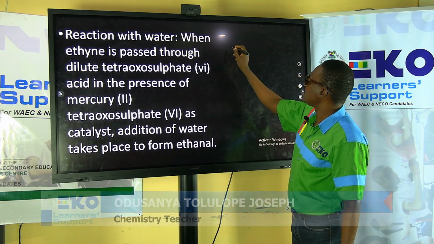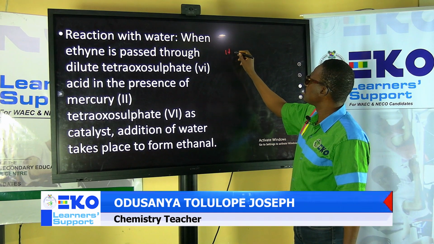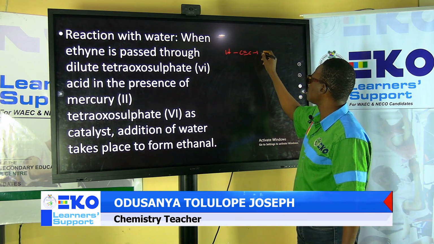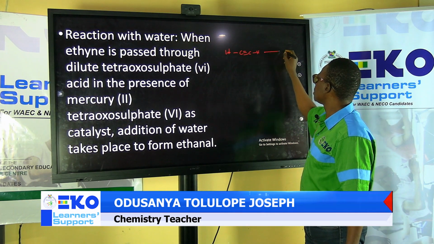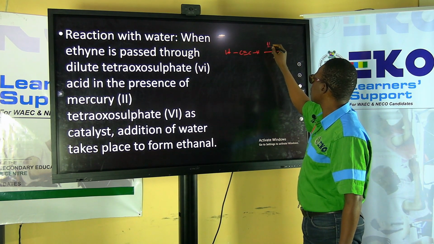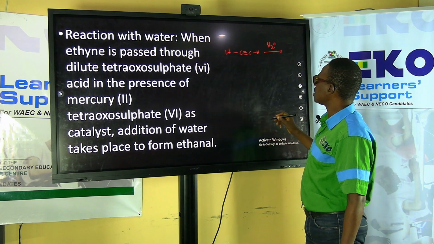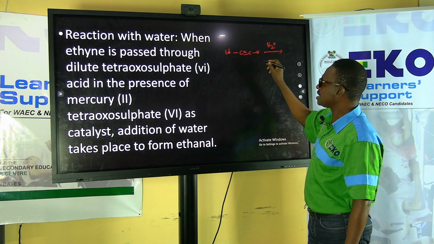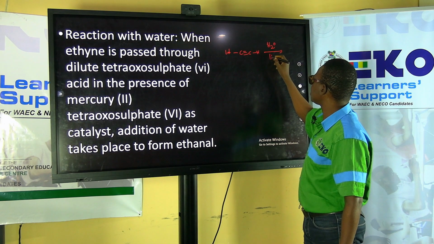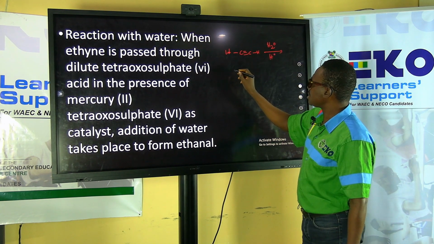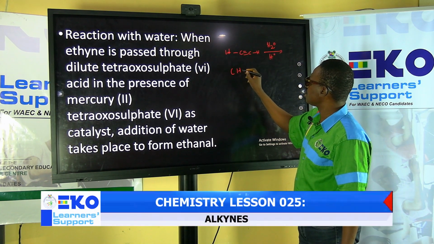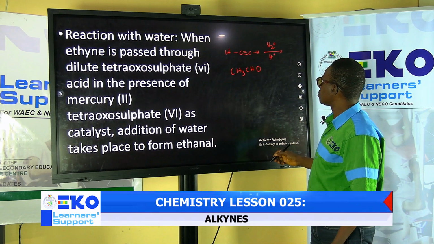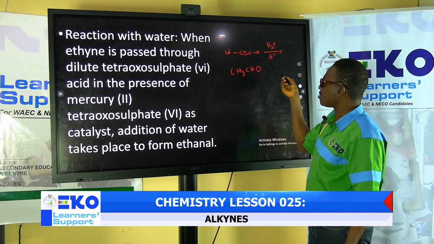So I have C triple bond H, then in the presence of H2O, then acid. Look at it, that is forming CH3CHO. So how are you forming this?